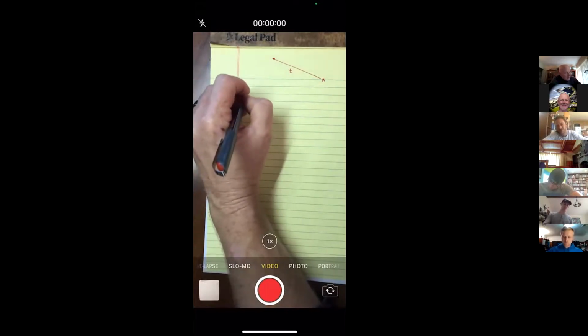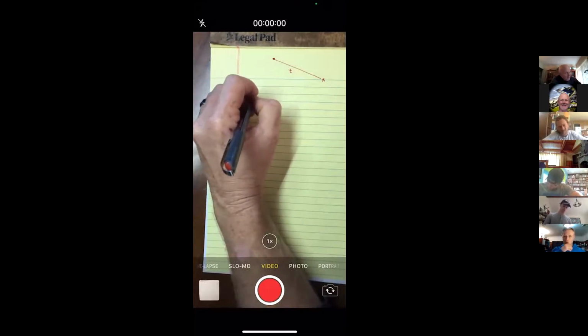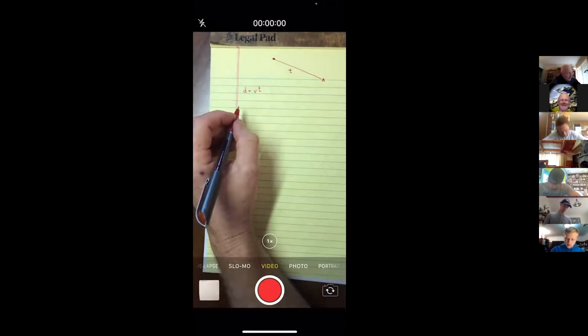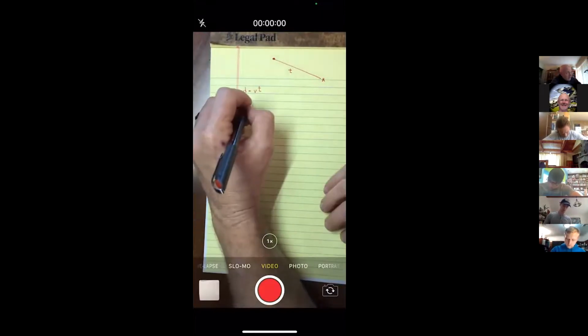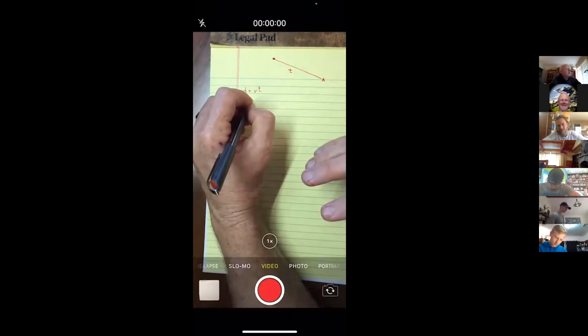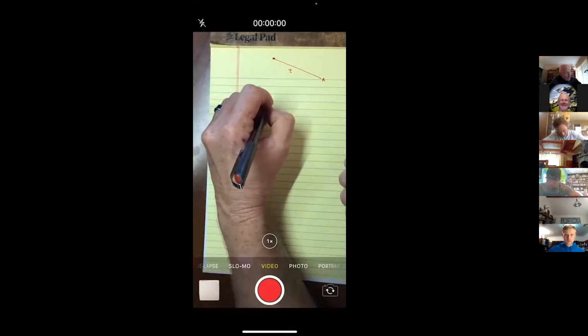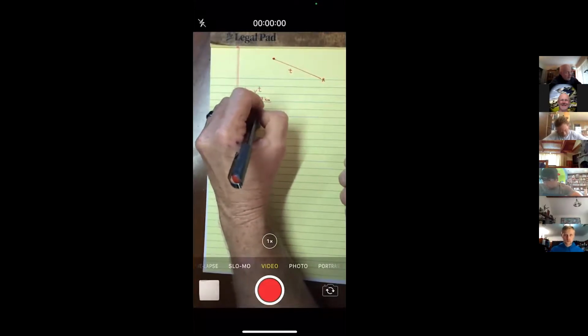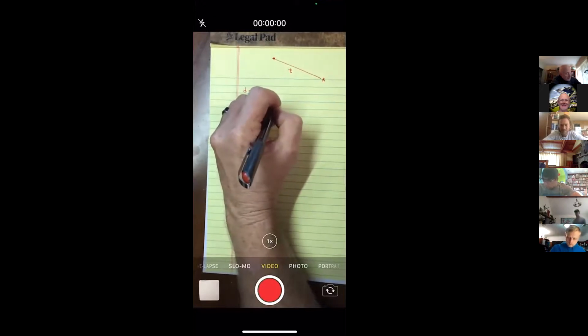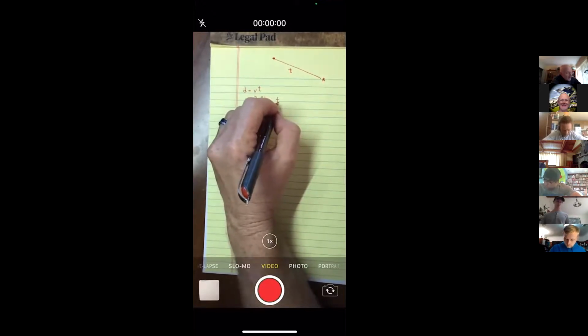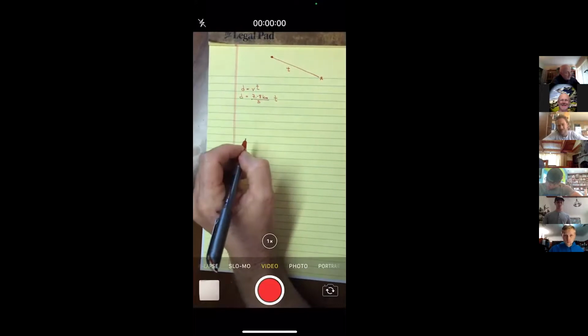So I would say distance is velocity times time. I don't really know the distance, but I do know the speed of the faster one. So the speed of the faster one is 7.8 kilometers per second. And the time, the time it took for the fast one, equals d.